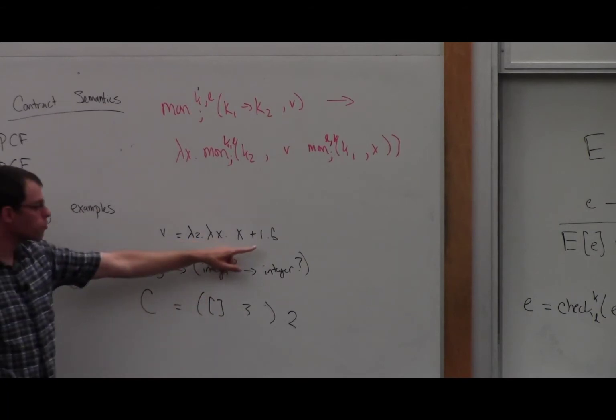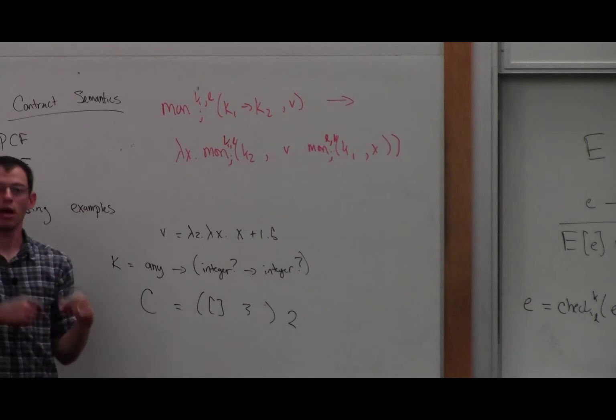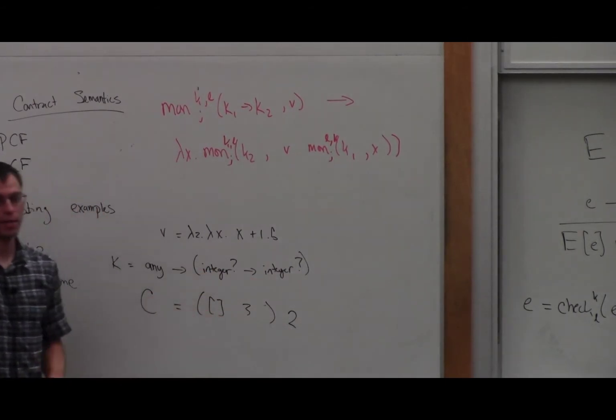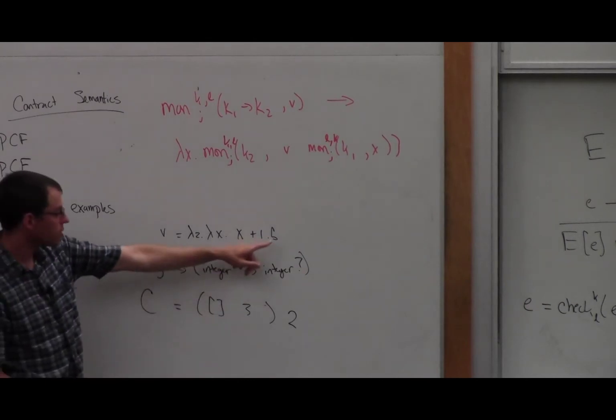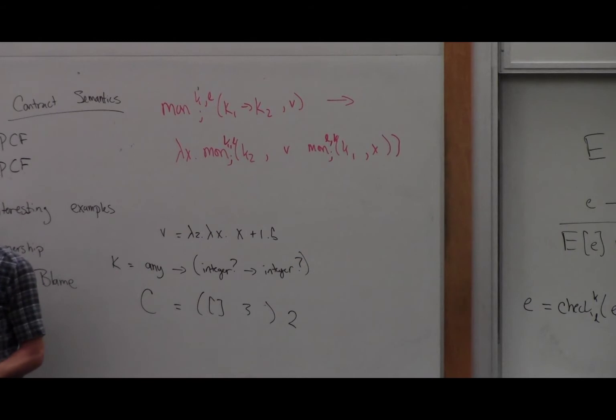And so then v is responsible for living up to this contract, which is yet again k2. And it fails to satisfy that contract because 2 plus 1.5 is not an integer.